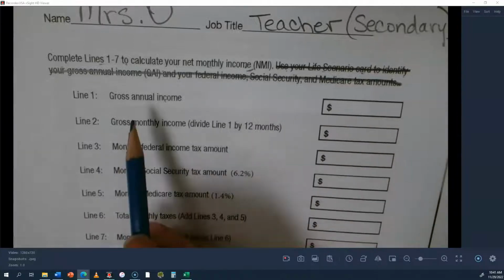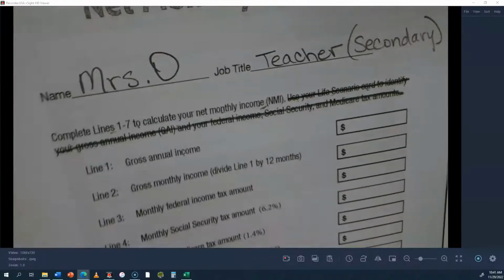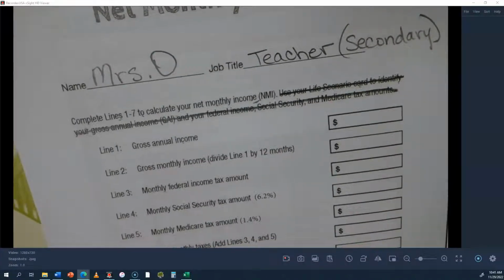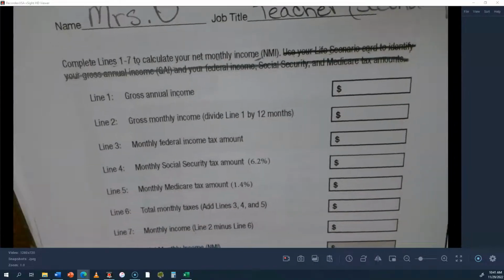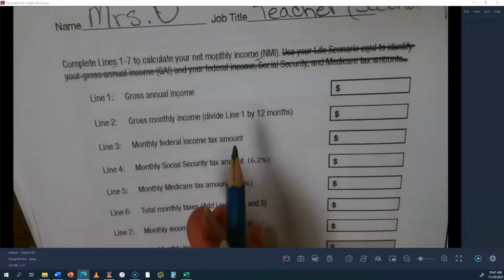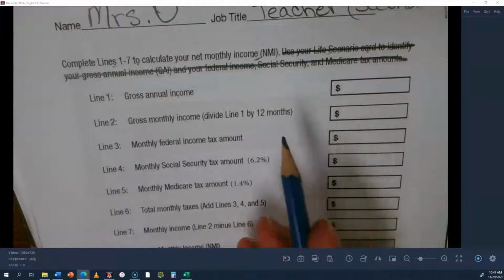Okay. So for the gross annual income, that's your yearly salary. When we did this together, you looked up the salary range, and I told you to pick a number somewhere in the middle, right? So we have what would be called the median salary here, okay?